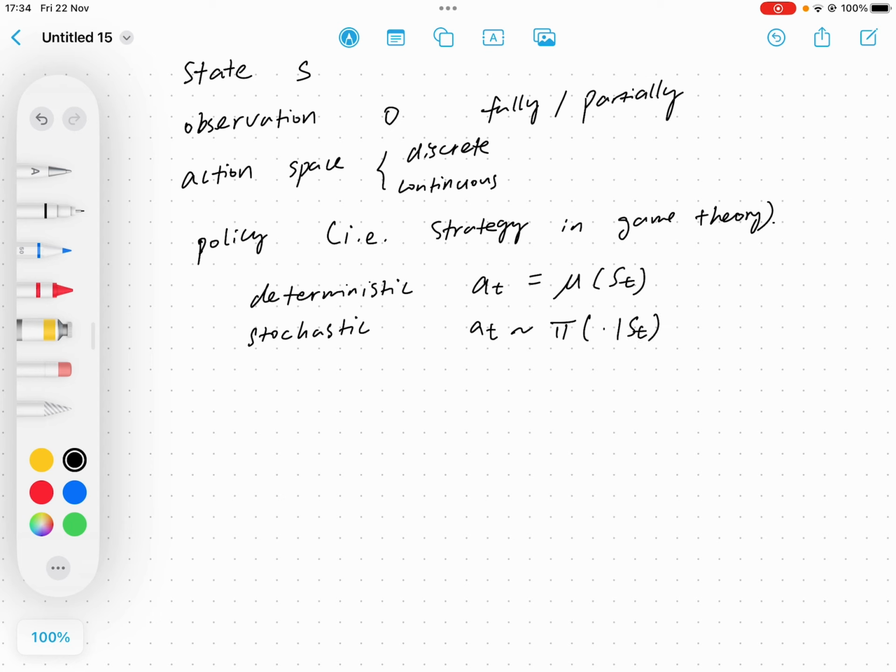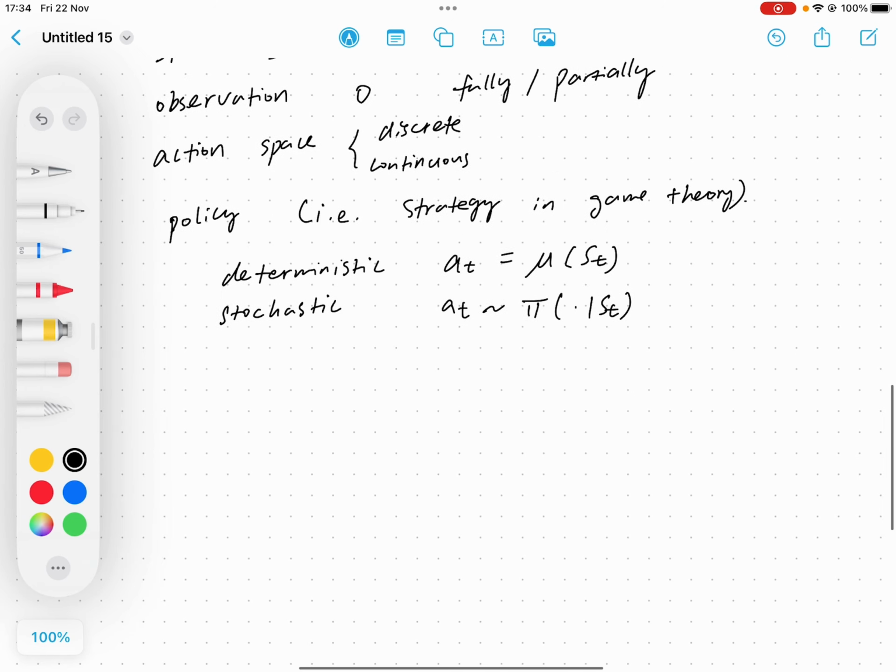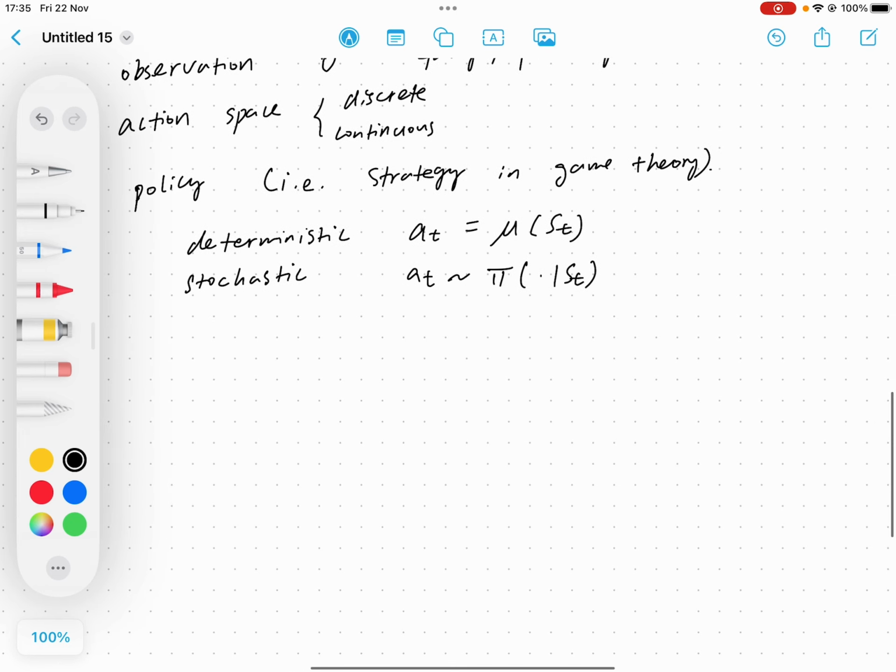Those are deterministic or stochastic policies, and sometimes we might have heard of deep reinforcement learning, right? In those cases we will have some parameters in the policies. It will be more complicated than simple functions or simple probability distributions.